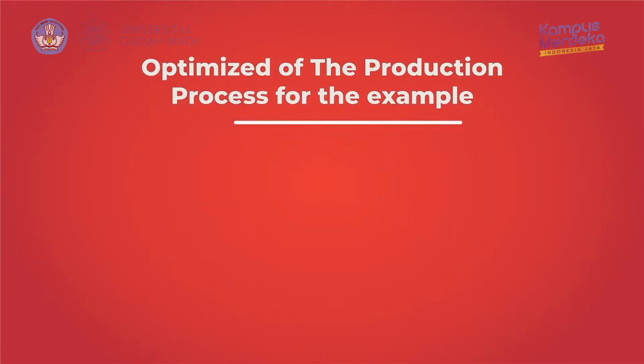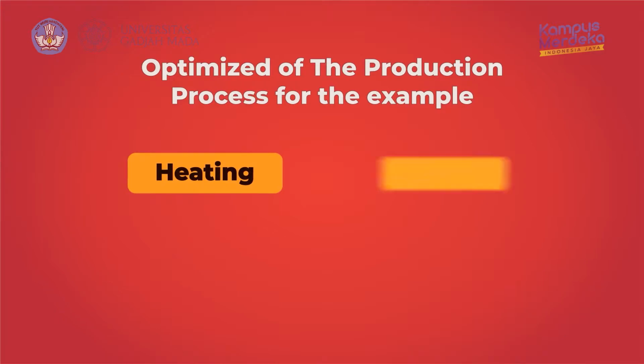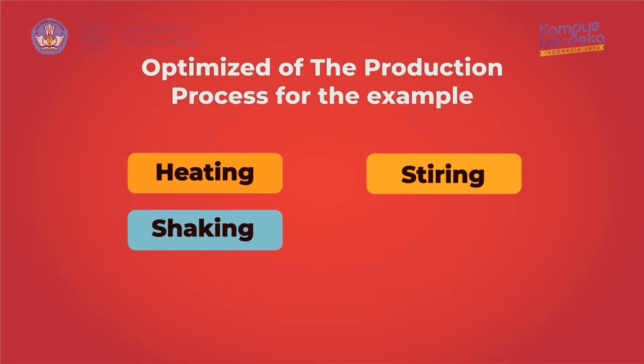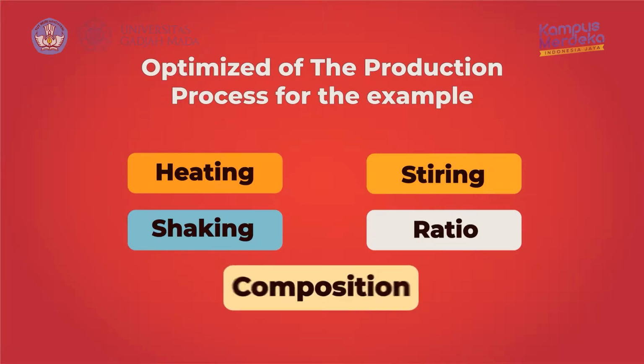In the extraction process, we can optimize by heating, stirring, shaking, and also the ratio between solvent and plant material, and also the composition of the solvent.